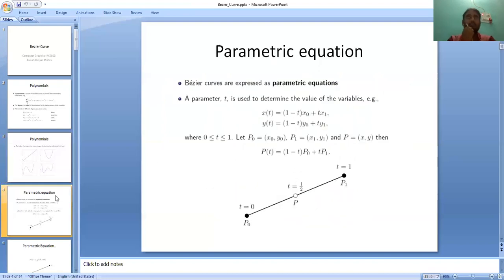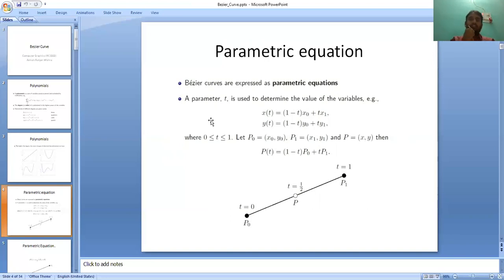Now when we talk about the linear curve, that is the line, a simple straight line, then a straight line can be parameterized by this equation: x(t) is equal to (1 minus t) x0 plus t x1, and y(t) is equal to (1 minus t) y0 plus t y1, where t can vary from 0 to 1.